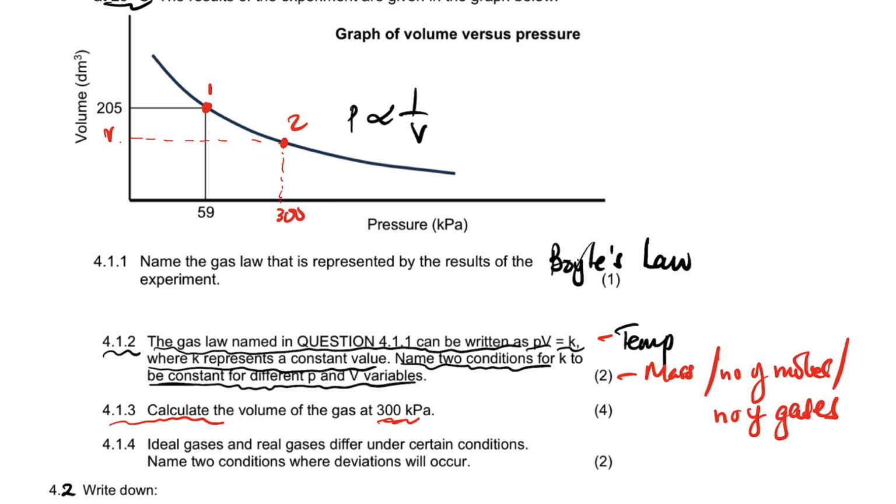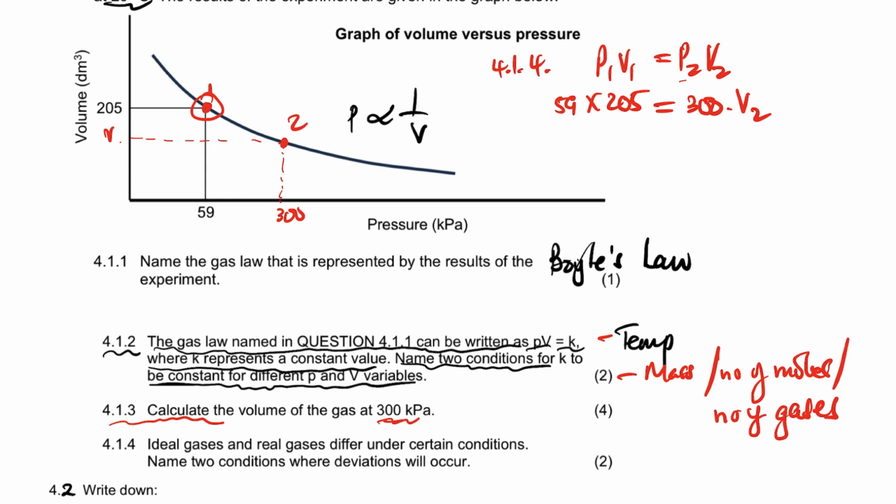So I'm going to do this answer for 4.1.3. P1 V1 is equal to P2 V2. Our initials are these ones: the pressure is 59 times the volume, 205, and the pressure here is 300 times V2. Then V2 is 59 times 205 divided by 300.